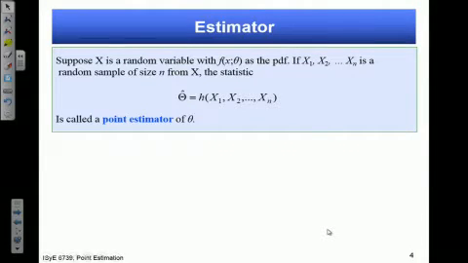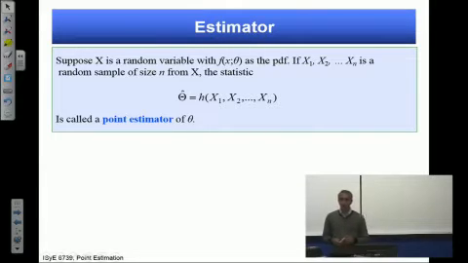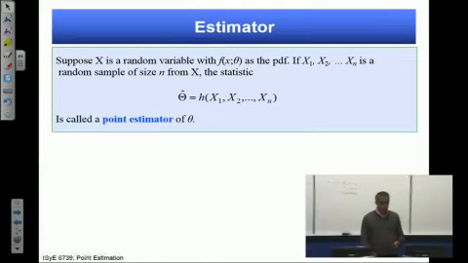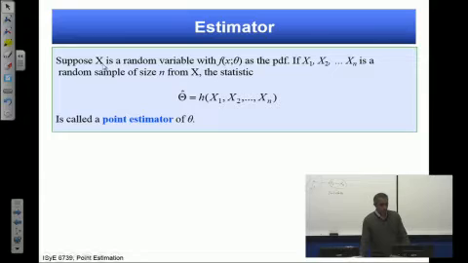Okay? So let's just start with the estimator. Let's say we have a population, and this population could be, let's say, the height of people, or the length of manufactured parts, or could be the waiting time in a queue. Okay? So we have a population and it follows a distribution with this form.